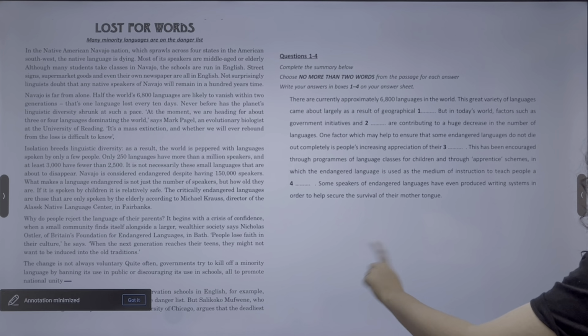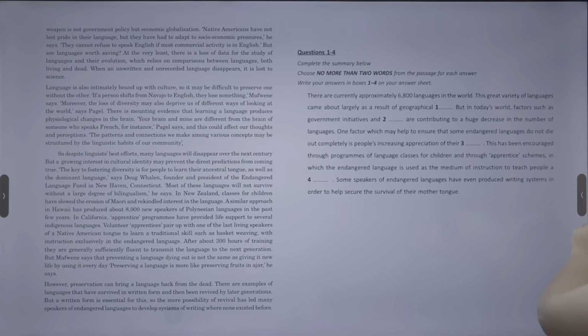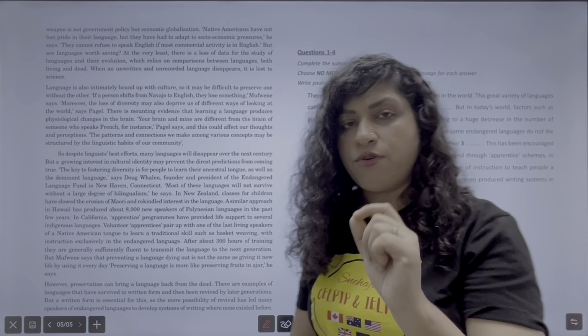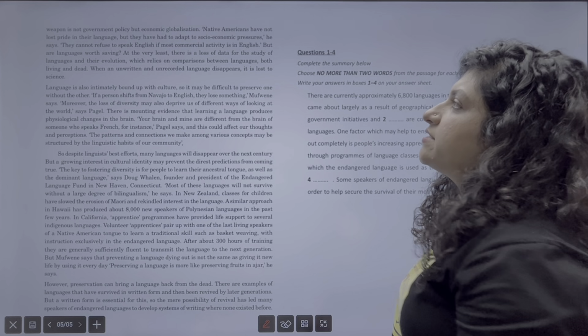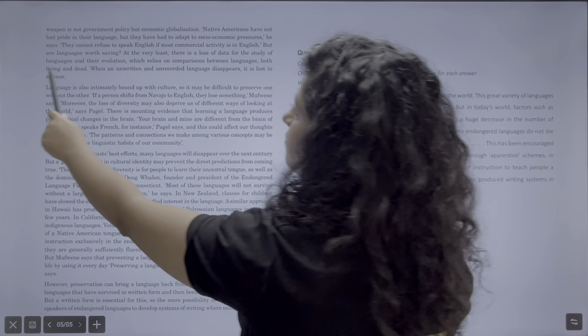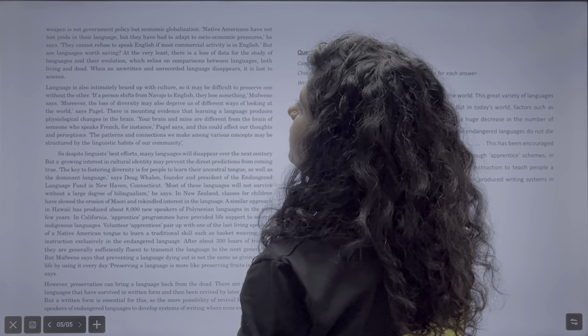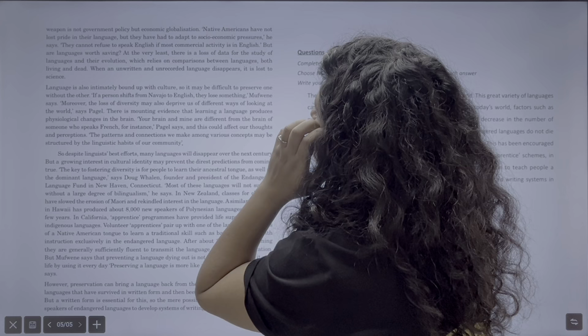So now let's come to the later part of the text. Let's keep on reading for that second factor that contributes to the decrease in the number of languages. So now it says that Native Americans have not lost their pride in the language, but they have had to adapt to socio-economic pressures.